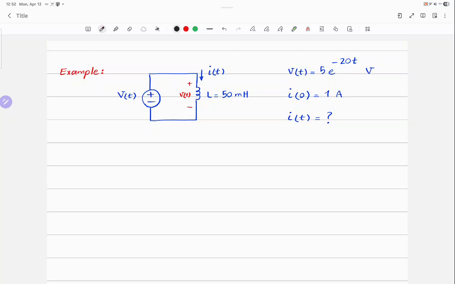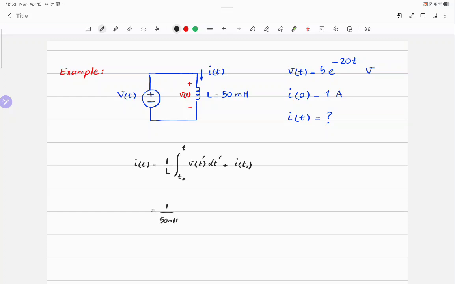So what is the equation governing the behavior of an inductor? Right? This is the integral equation. I'm trying to find current based on voltage.